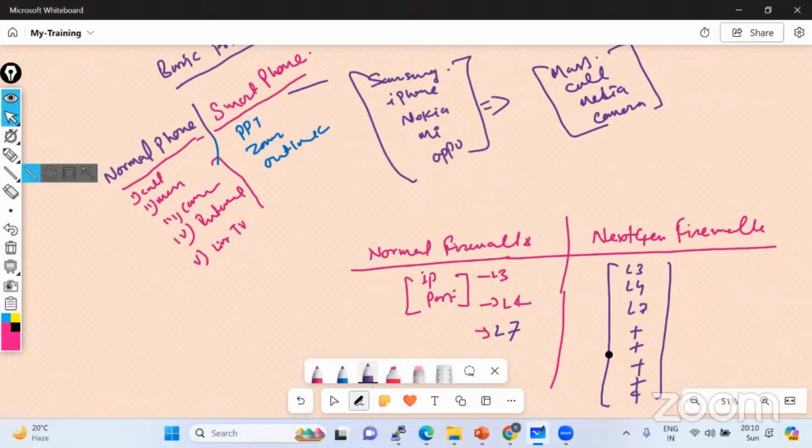Smartphones have more features, that's why you're using them. Normal phones have fewer features, that's why they are obsolete in the market. Similarly, normal firewalls had some problems, that's why they became obsolete and were replaced by the next generation firewall. Now the next generation firewalls have a lot of good next generation features which protect in real time against any kind of security breach which is going to happen in your network, right?